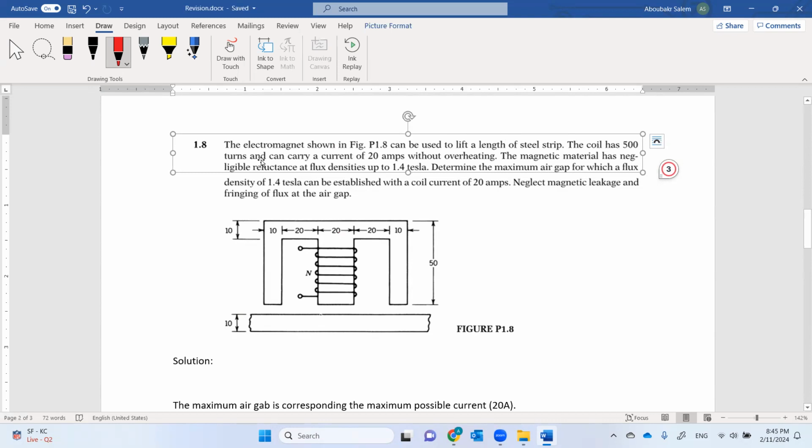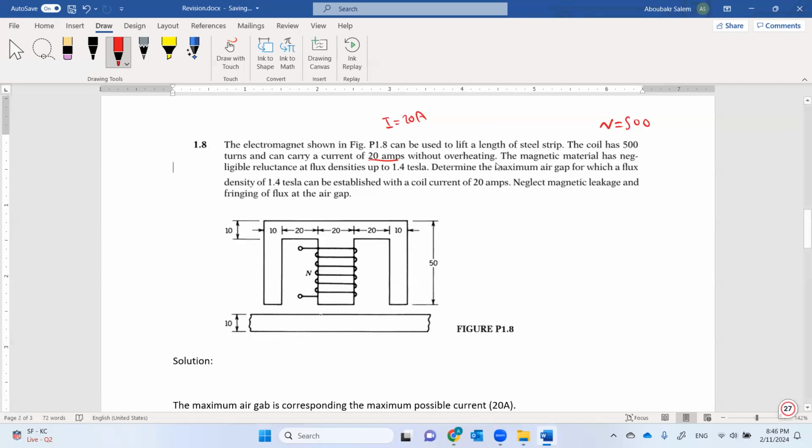So this is the number of turns, so we can say here N equals 500, and it can carry a current of 20 ampere, so I equals 20 ampere, without overheating.